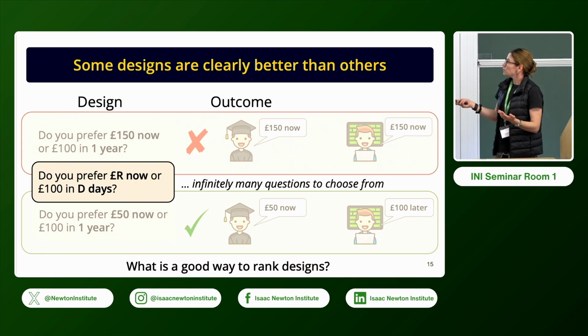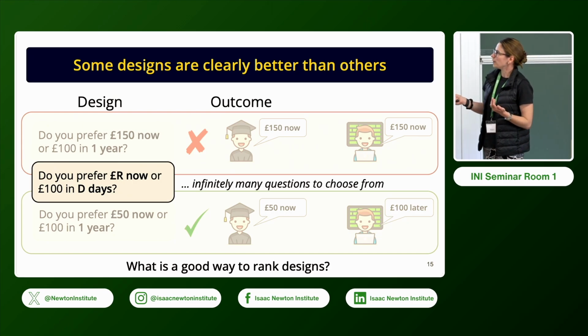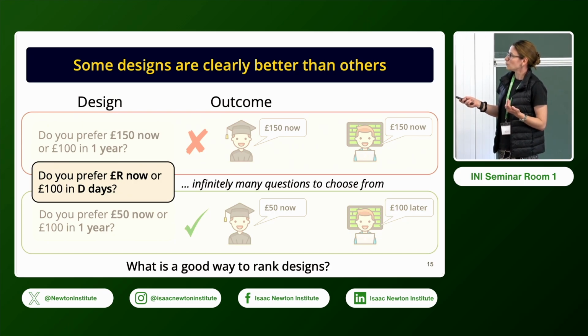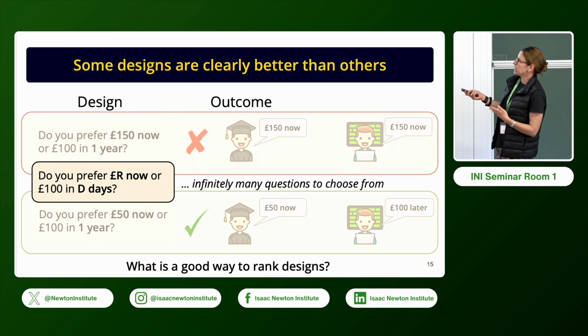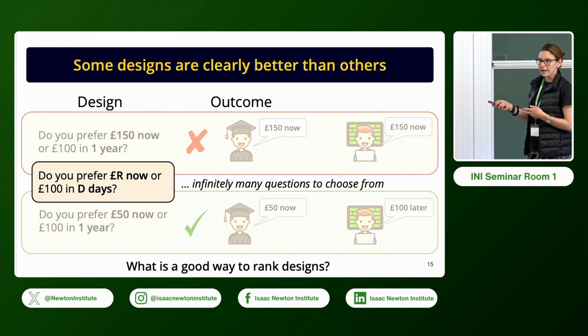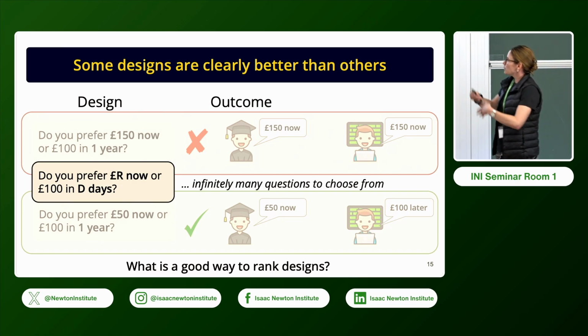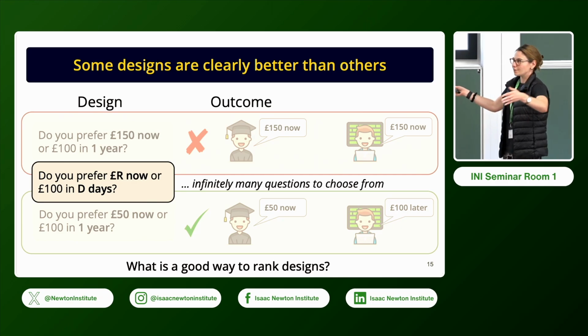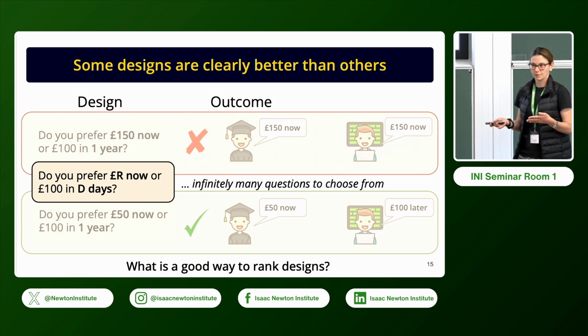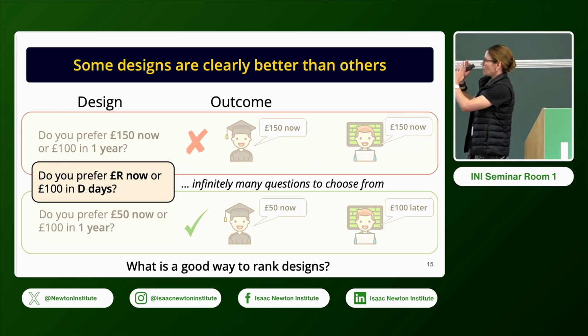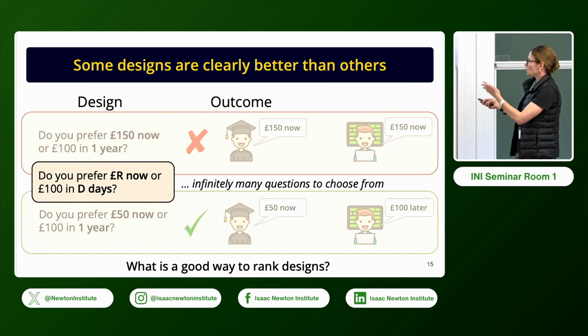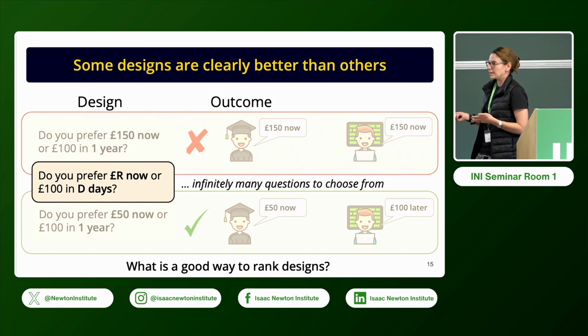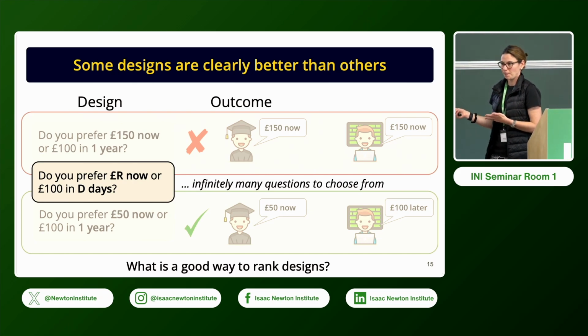And now, of course, we can parameterize this question, let's say by the reward that the participant is getting now and the delay, let's say in days, and we basically end up with an infinite number of possible questions to ask, right? So what we want to answer now is, what is a good way of ranking such designs?